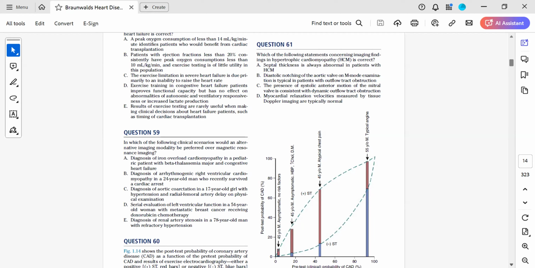But option C, the presence of systolic anterior motion of the mitral valve is consistent with dynamic outflow tract obstruction, I think that option is the true one. Then option B, diastolic notching of the aortic valve on M-mode examination is typical in patients with outflow tract obstruction. I'm not sure. I welcome comments here.